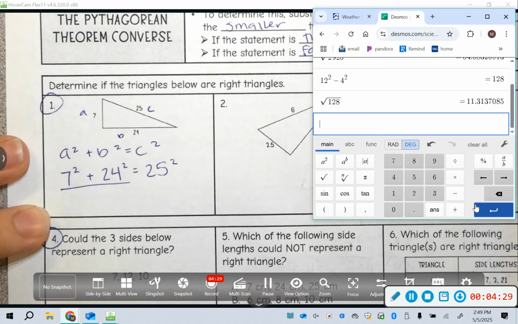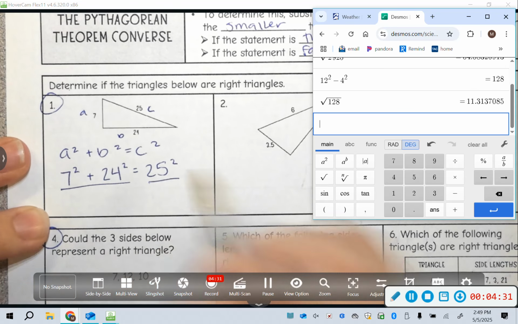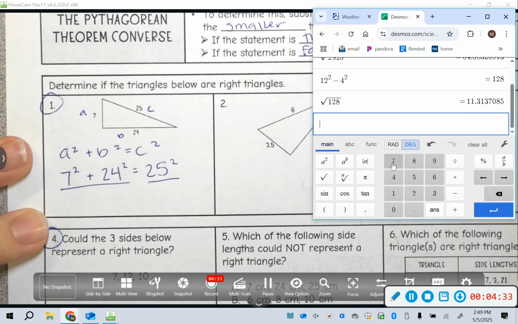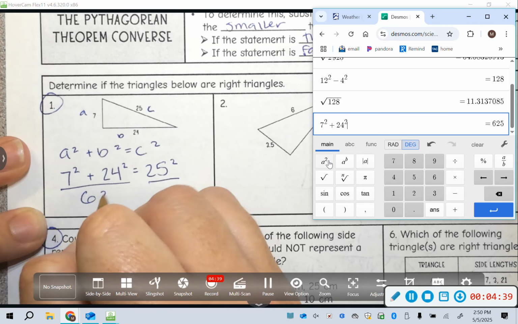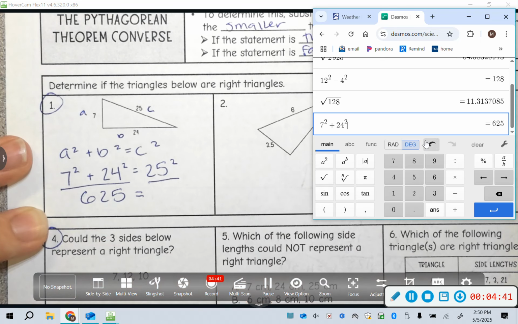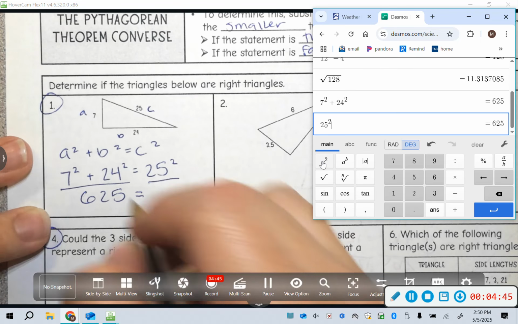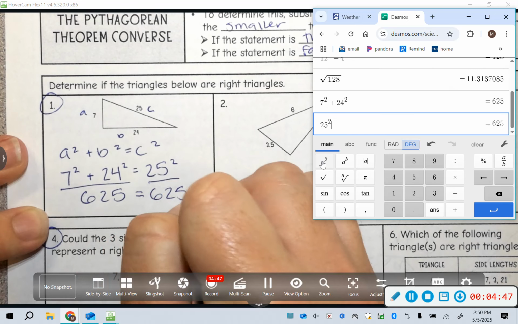We're going to see what each side equals. If I type 7 squared plus 24 squared, I get 625. Equals, we're going to type 25 squared, and that also equals 625. So this is a right triangle.